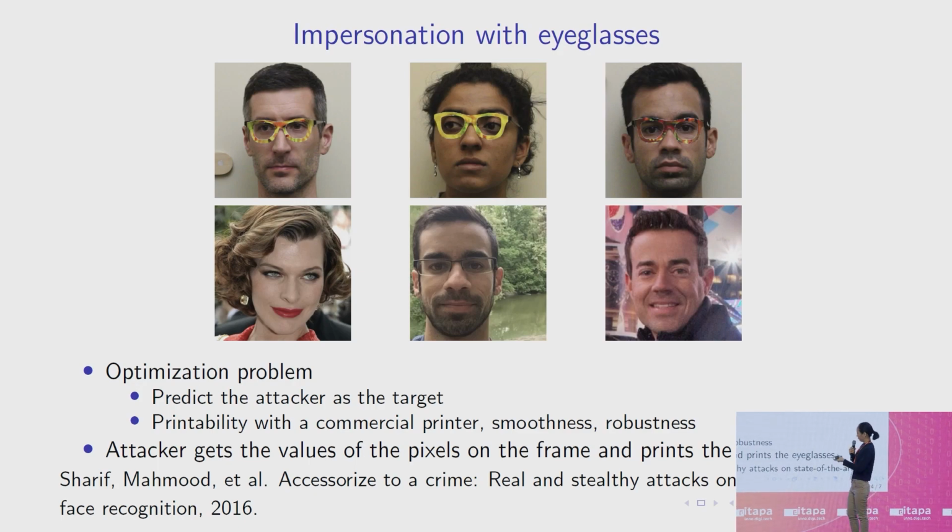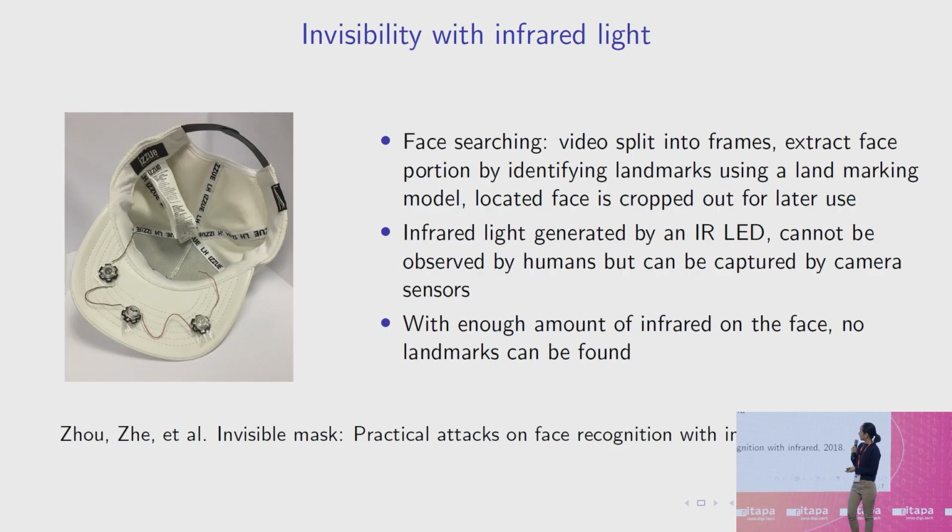misclassified by the network. This next example is to achieve invisibility with infrared light. In this paper, the authors consider a scenario where the attacker is a criminal, and the police would like to find the criminal using face search. How the face search works is that first of all, there are civilian videos.